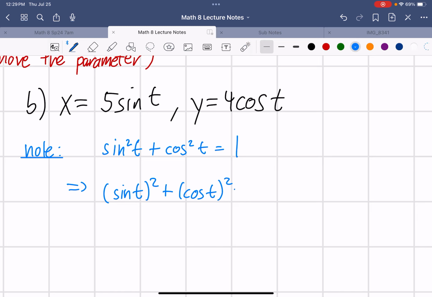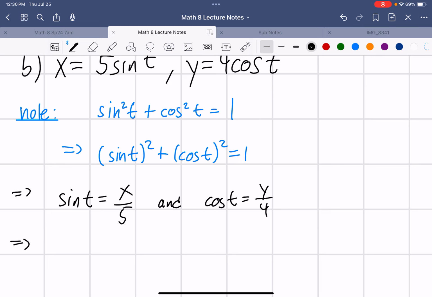Now this way, I recognize that, wait, I have a cosine, I have a sine. Instead of isolating just t, I can isolate the functions. So to start, I can rewrite sine of t as x over 5 and cosine of t as y over 4.